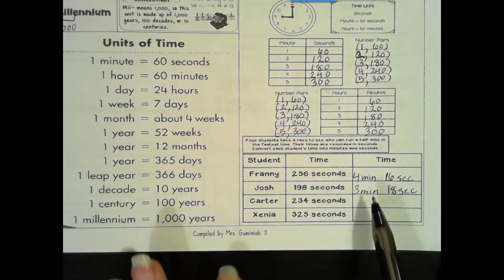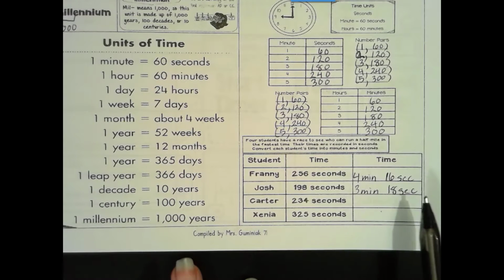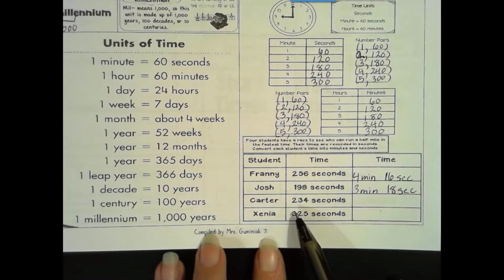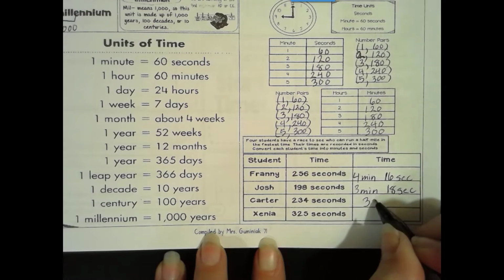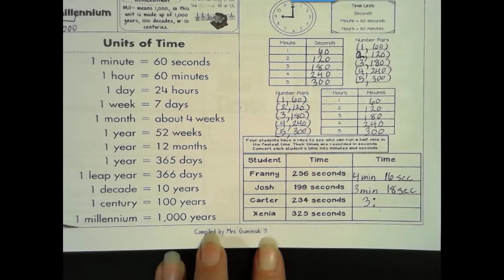So you can write it with the words, the abbreviations for minutes and seconds. Here, that's too big for this one, so it looks like it's 3 minutes. Or we could use the colon for time.